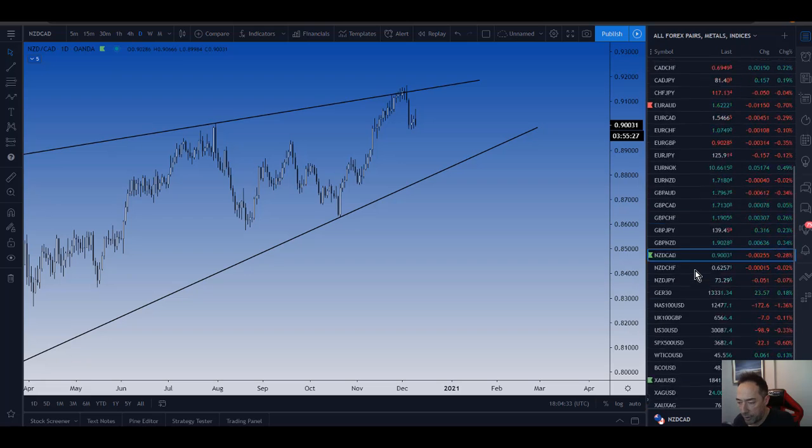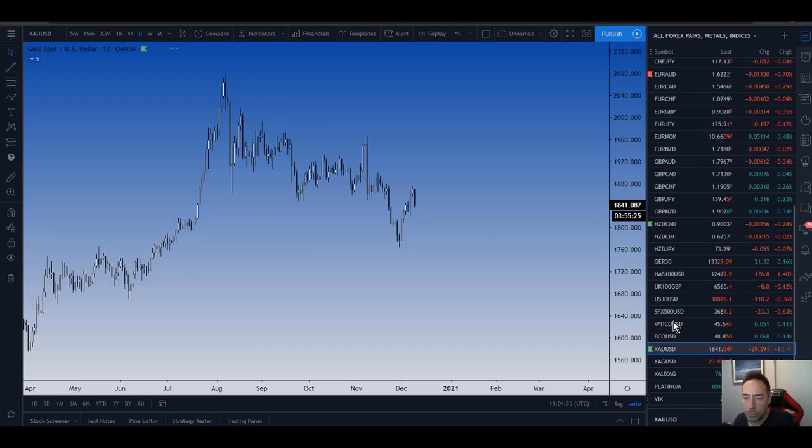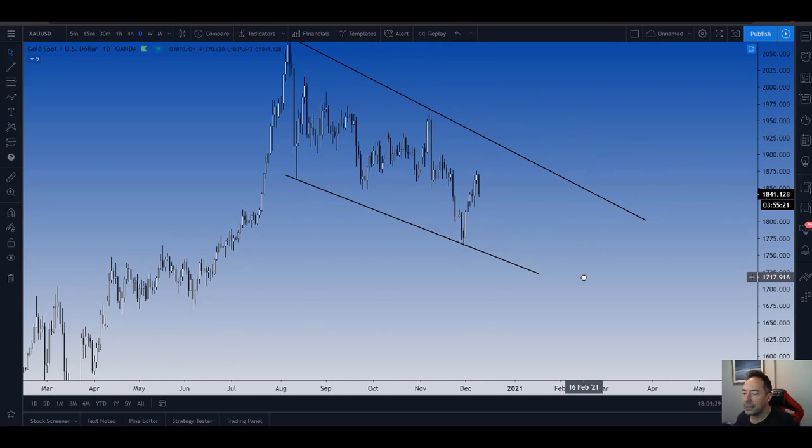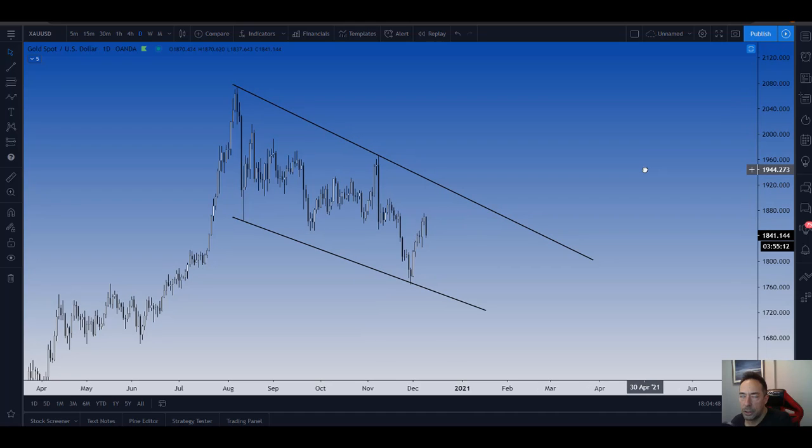Another chart I want to look at for you is gold. Now gold, as we go into December, gold is seasonally bullish, okay? And it's seasonally bullish through mid-December, through the rest of December, January, and it kind of dies off around February.